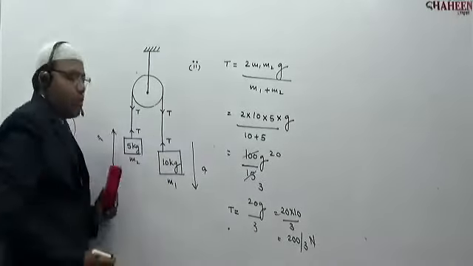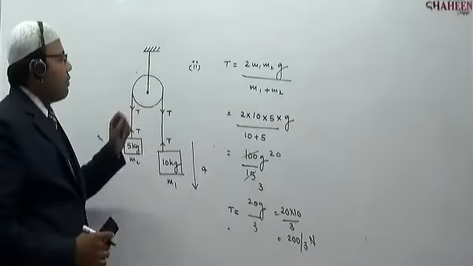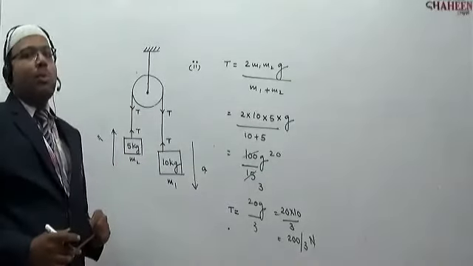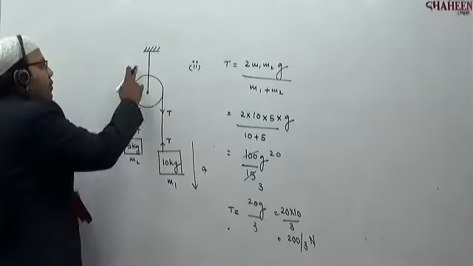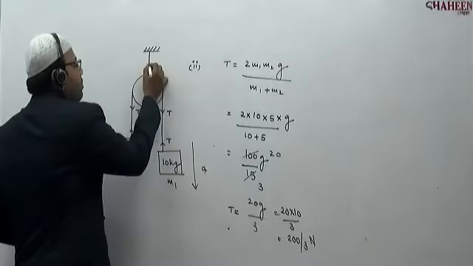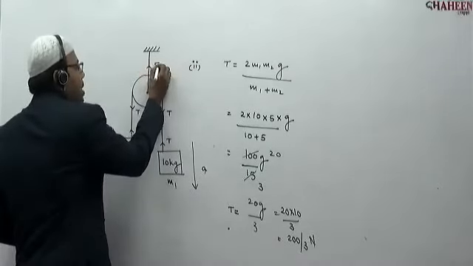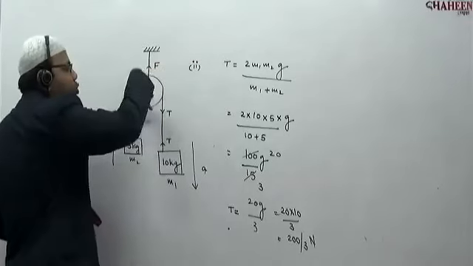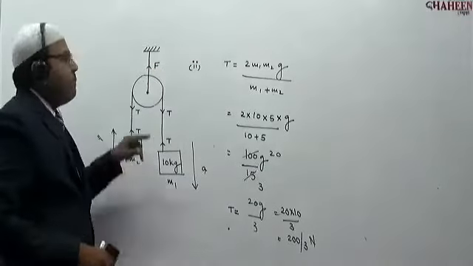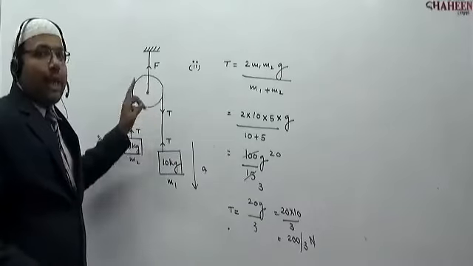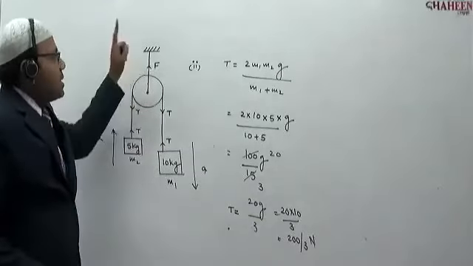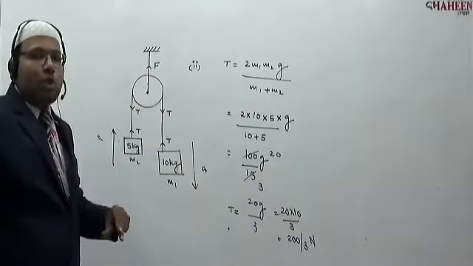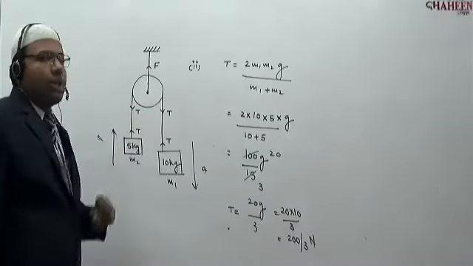The third part of the question says: how much force is there on the pulley? So this is the force on the pulley, and this force is balanced by two tensions. If you see this pulley alone, one force is acting upward, that is the force on the pulley, and the two tensions are acting downwards.